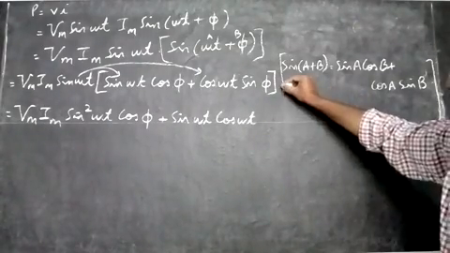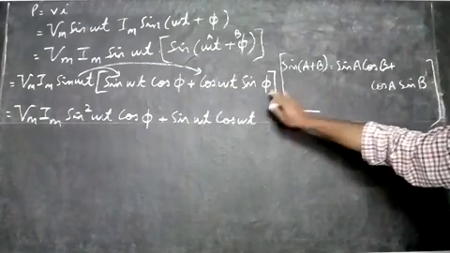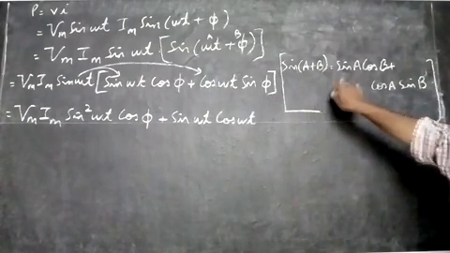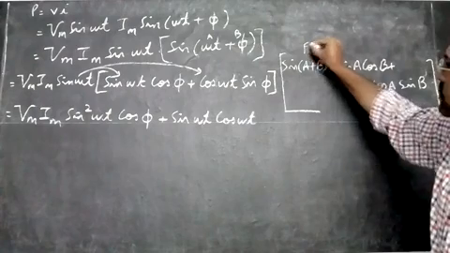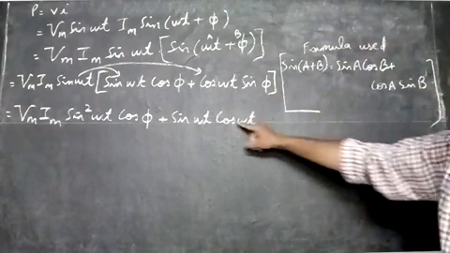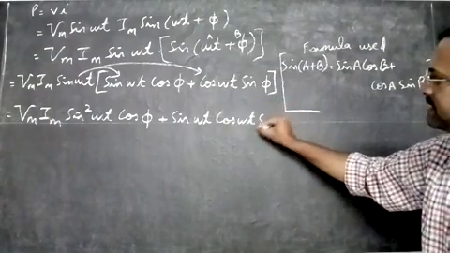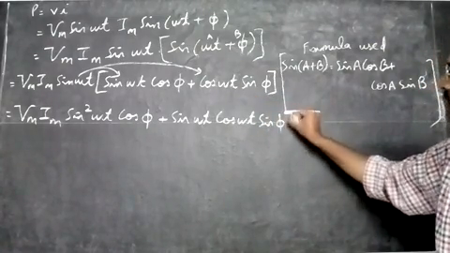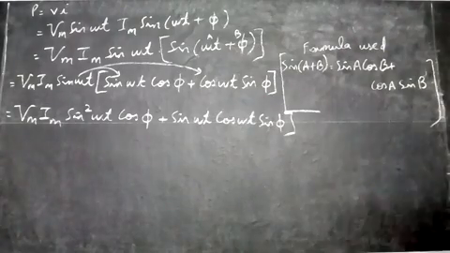This bracket is separate here. You should not think that it's a multiplication, it's just the formula used. So cos omega t we got, then sine phi is there. Sine phi, that you should not forget.